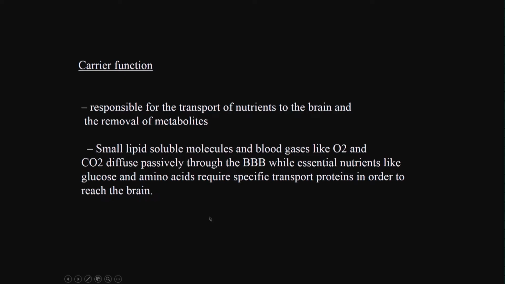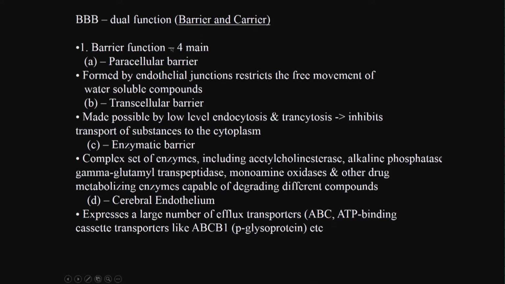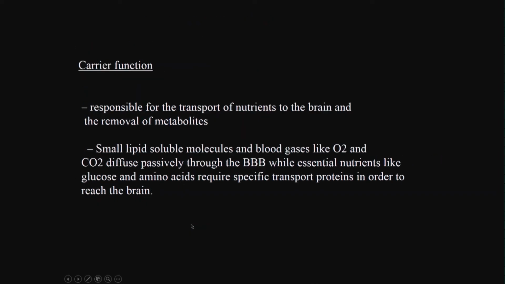So we have proteins which are very specific for transporting the nutrients and amino acids inside, whereas gases like CO2 and O2 diffuse in a very passive manner. This is the carrier. So there are two different functions of the BBB: the barriers, a lot of barriers here, and the carrier.